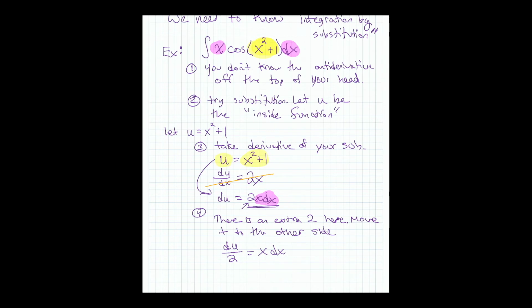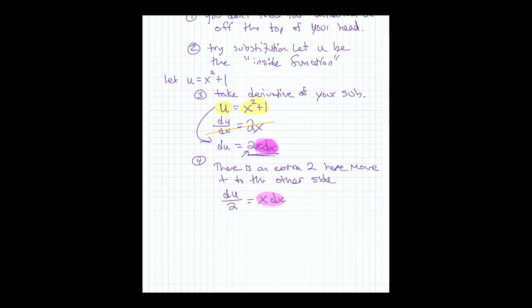And then in the function, we have the dx and the x, but here's the x dx, that's the same thing. There's the x dx, and it's equal to du over 2. So the 2 things that I highlighted there are what our substitutions are going to be.